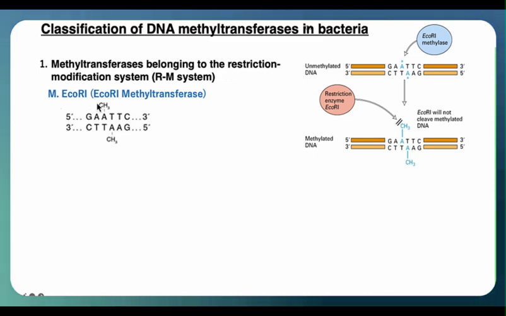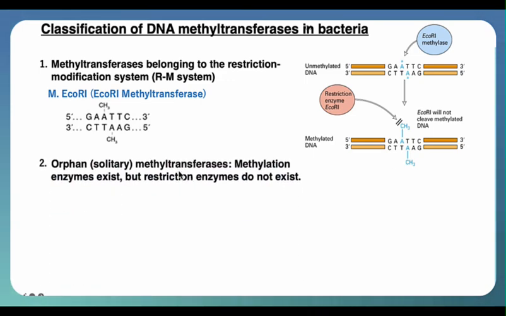For example, EcoRI methyltransferase methylates adenine in the GAATTC sequence, preventing the restriction enzyme EcoRI from cutting this sequence within the bacterial genome. The second type of methylation enzymes are not part of the restriction modification system and are called standalone or orphan methyltransferases.